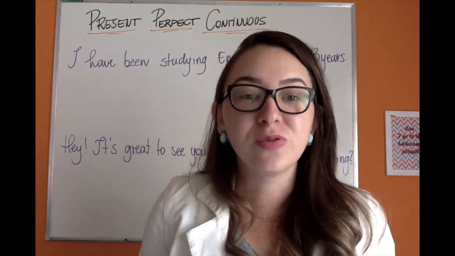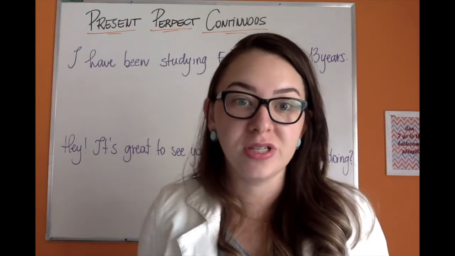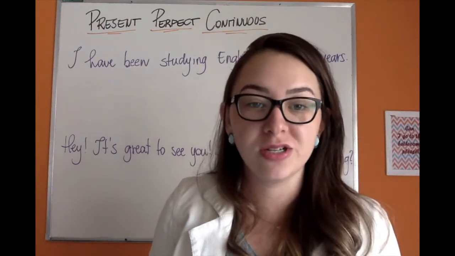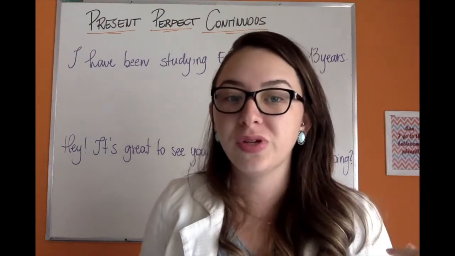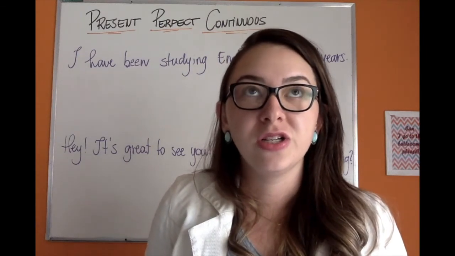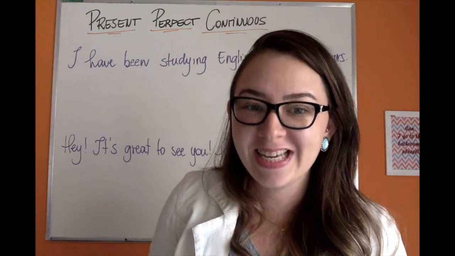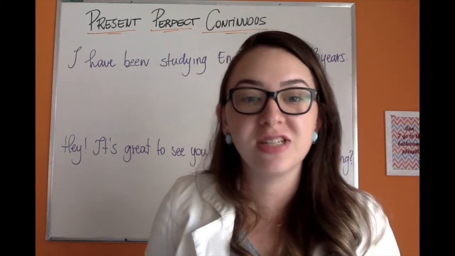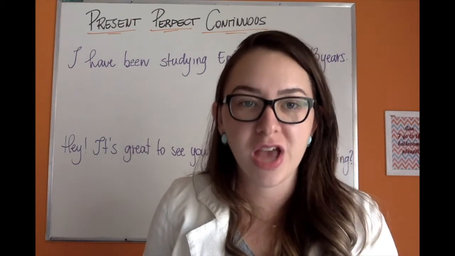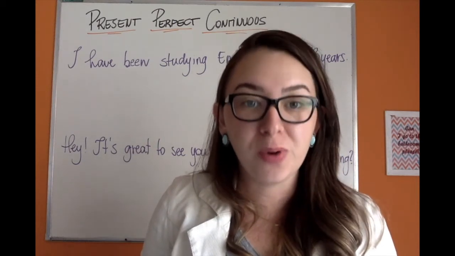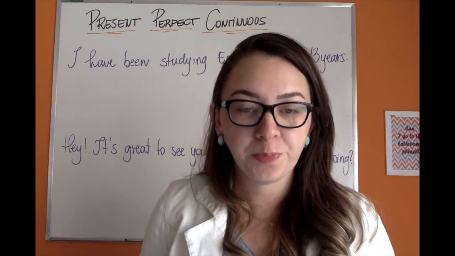The difference between the simple and the continuous is that in the simple, we focus on the result of the action. So let's remember the example when I said Tom has lost his key means he doesn't have his key now. I'm talking about the result of the action. I'm talking about the present situation.